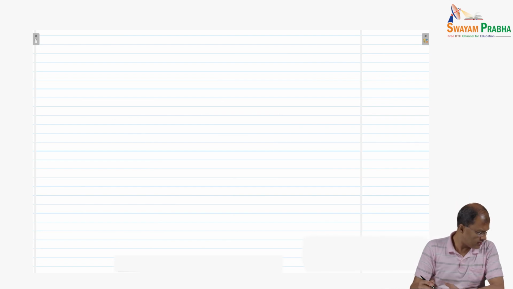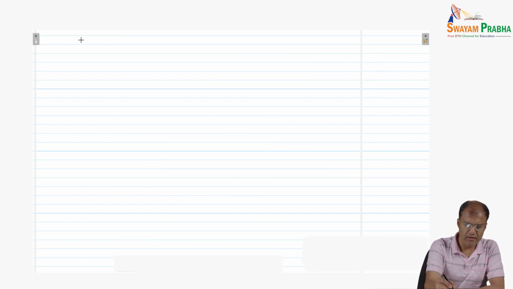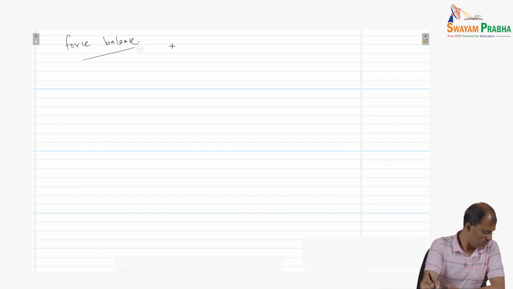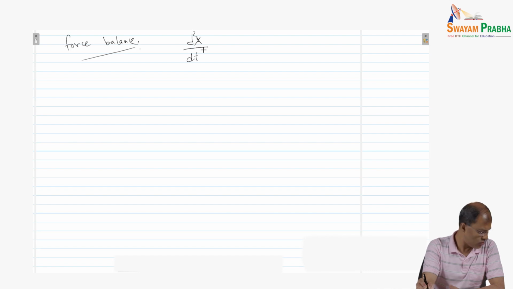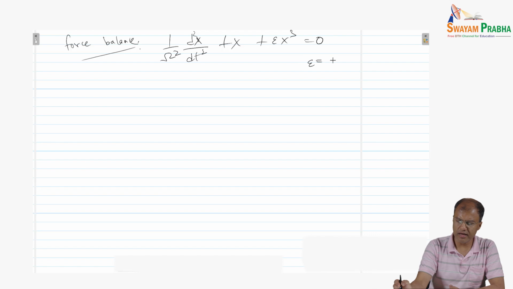So the energy balance, the force balance this time of the system is d2x by dt2 (1 over omega square) plus x plus epsilon x cube is 0, and where my epsilon this time is a square lambda by omega square.